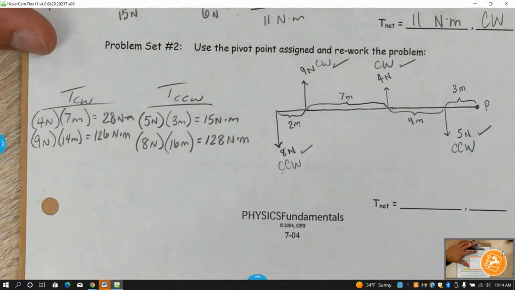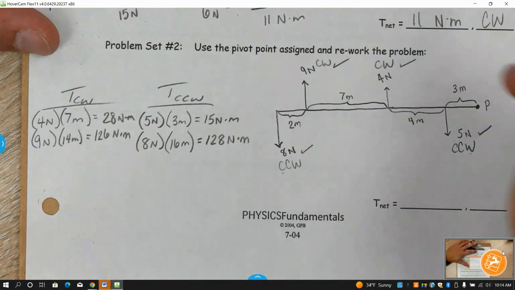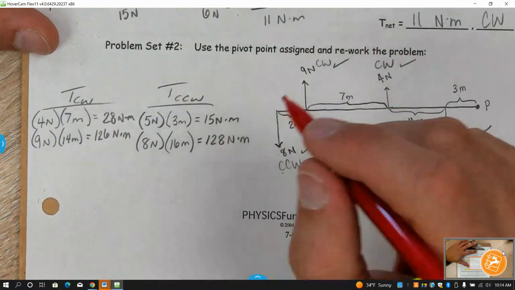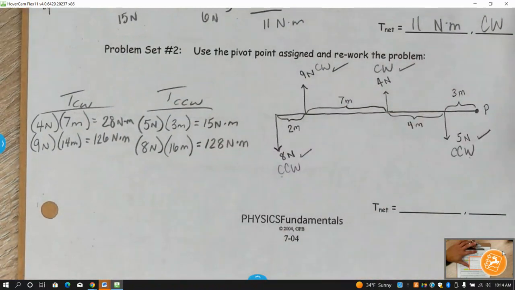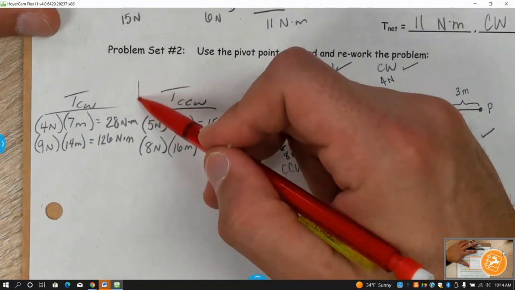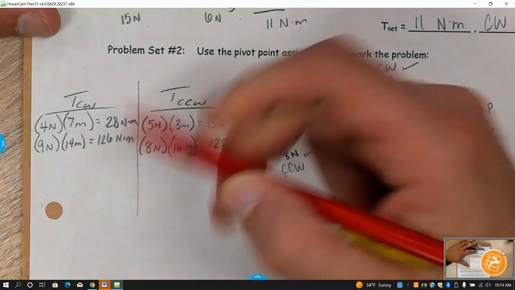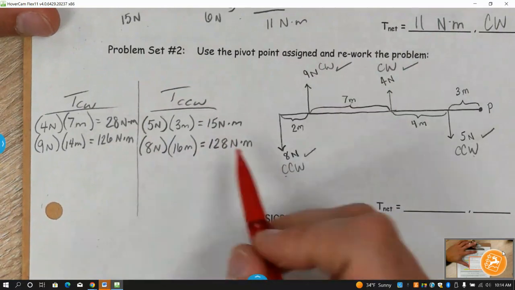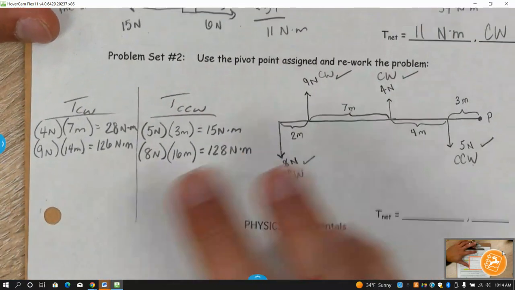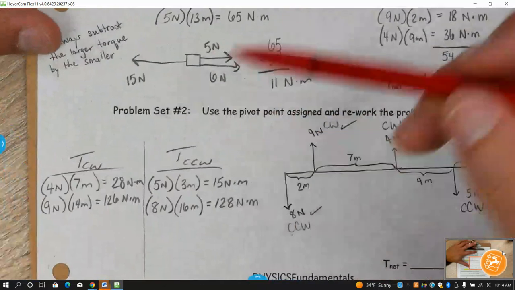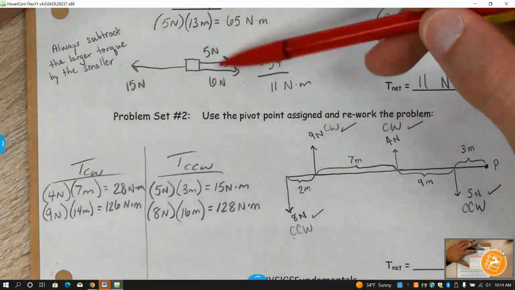Are all my torques accounted for? 1, 2, 3, and 4. Correct. So there's no more of each. Now you have to add them. So if we put a little separation here, you're going to add each of them together. Just like when we used to do our forces, 2 vectors in the same direction, you'd add them.